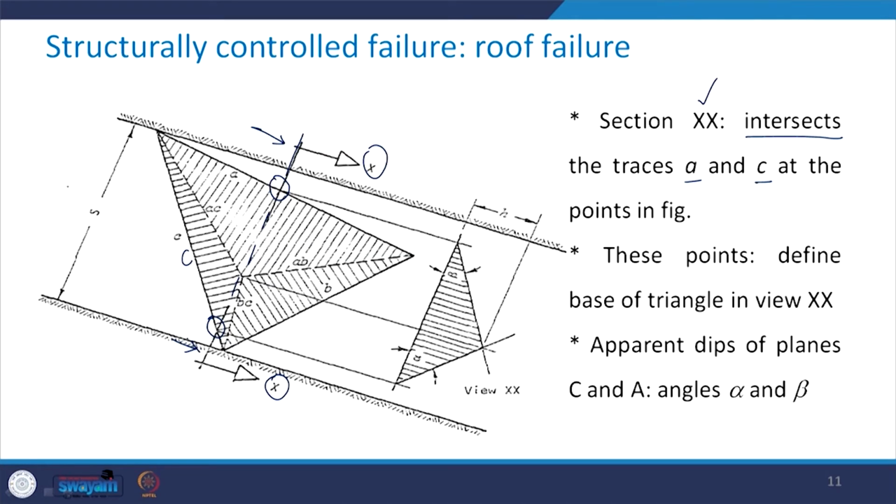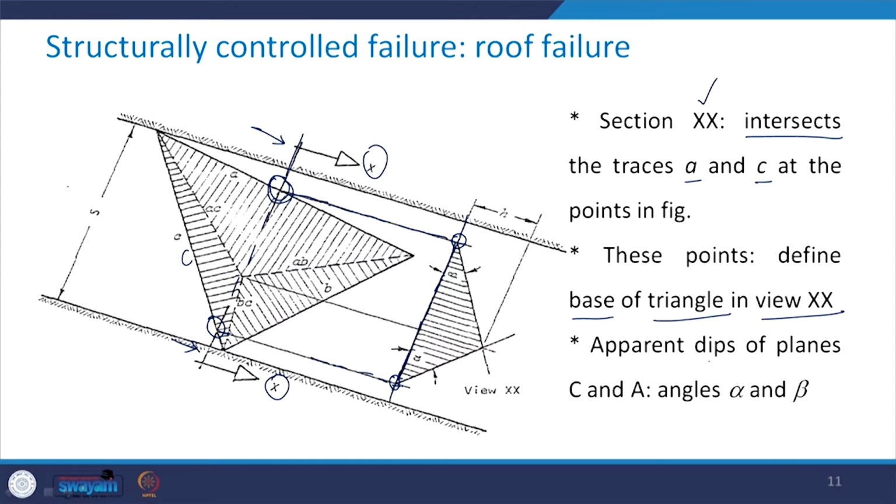So, you see that perpendicular to this x direction, we just project these points with the help of these projectors, okay, and we have a line which will intersect these two projectors at these 2 points, and if you join these, this is going to define the base of the triangle in view XX.